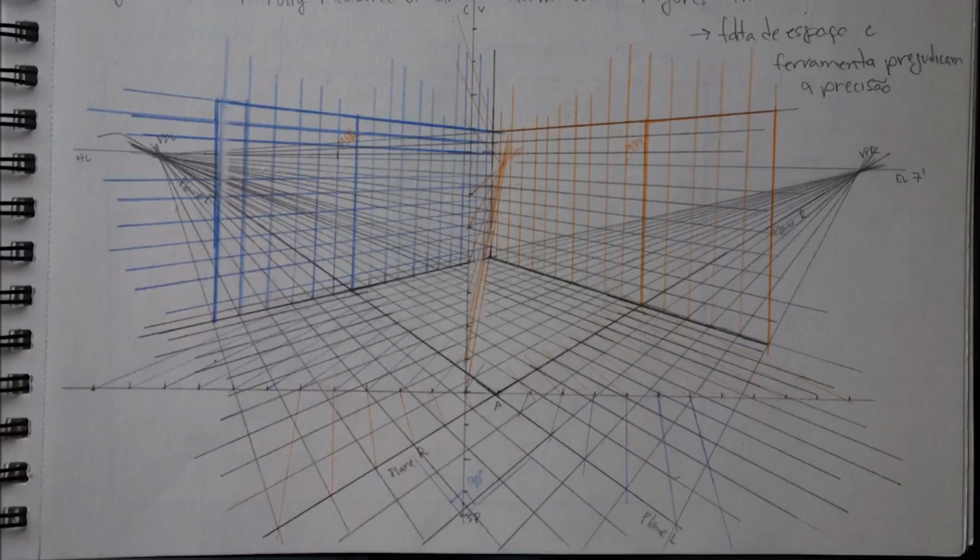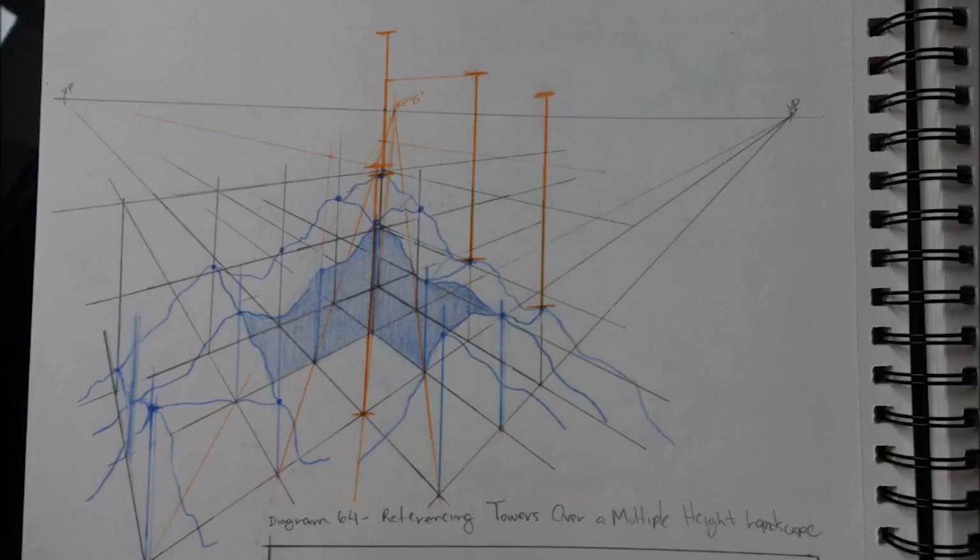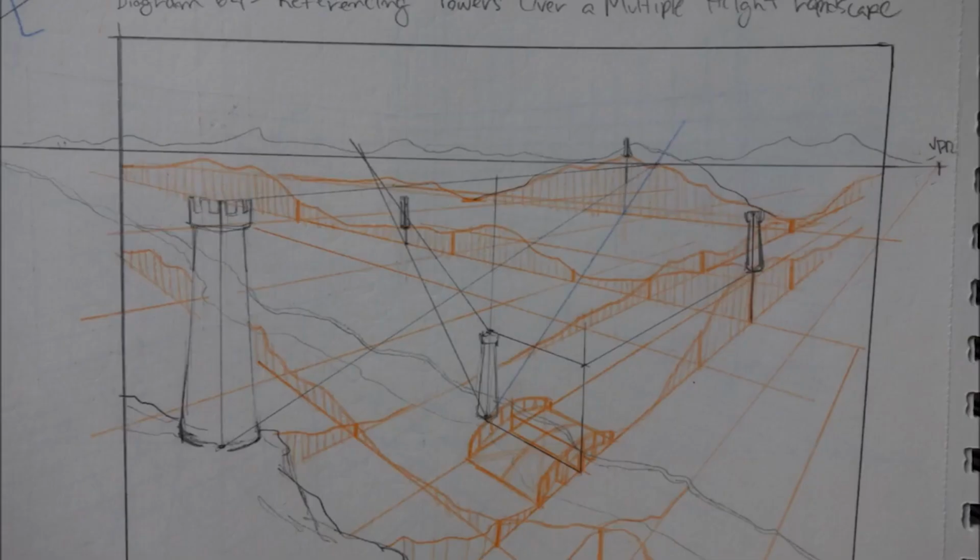So if you need to do an elevation perspective visualization of architecture, a real architecture, if you're not doing that on 3D, you will probably have to go all the way with formal construction.